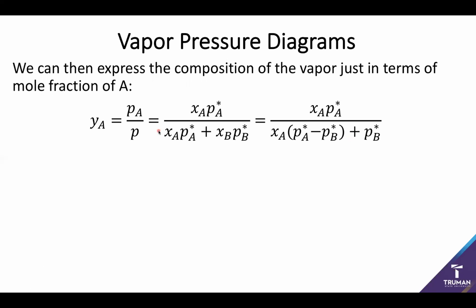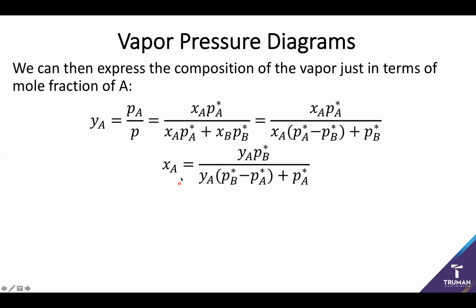However, sometimes what will end up happening is we'll measure the composition of the vapor with some analytical instrument such as a GC, and what we're really going to want to know is what that tells us about the liquid mixture. With a little bit of messy algebra, we can rearrange this expression so we can get the mole fraction of A in solution based purely on the mole fraction of A in the vapor phase.